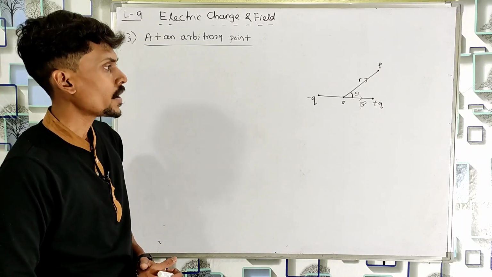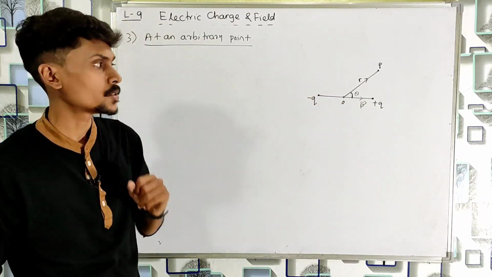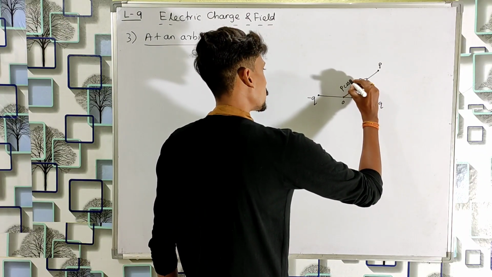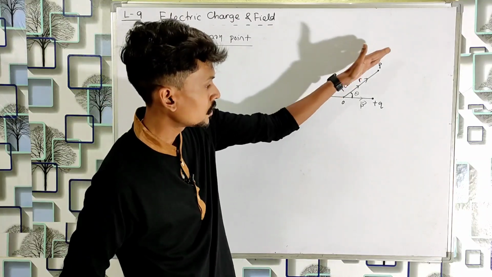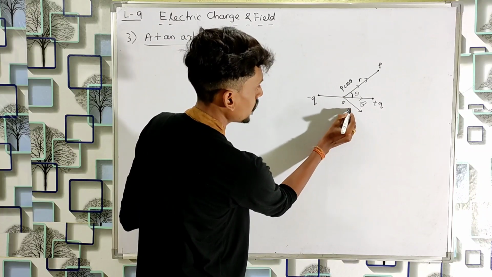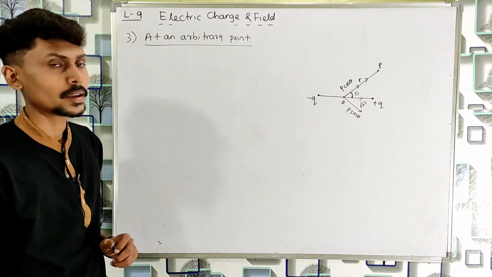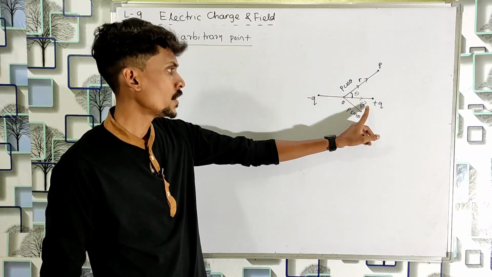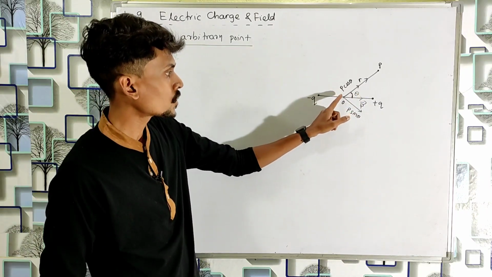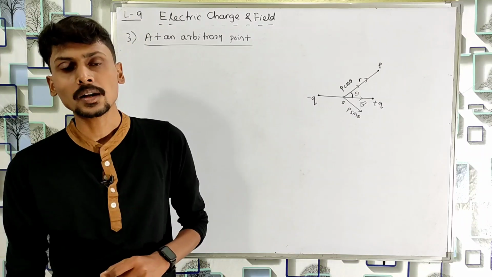Now if I resolve this p vector into its rectangular components, I will get a component p cos theta along this r vector and a component p sin theta perpendicular to the r vector.